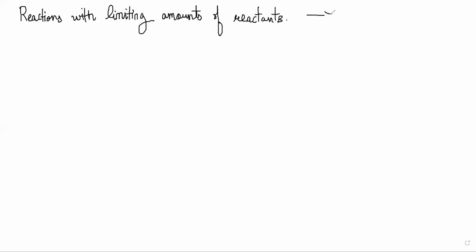So what do we mean by limiting amounts? We mean that one reactant gets used up before the other. Suppose something like this is supposed to happen and you are supposed to have X moles of this and X moles of this to give X moles of this. This is the regular thing that was expected. However, suppose you have 1 mole of this and 2 moles of this.